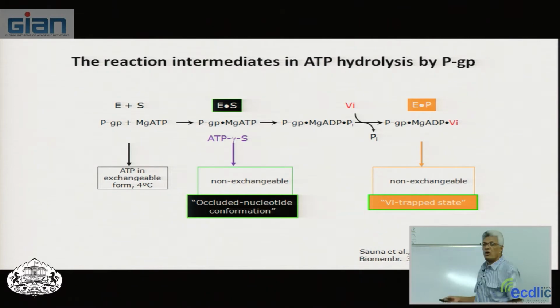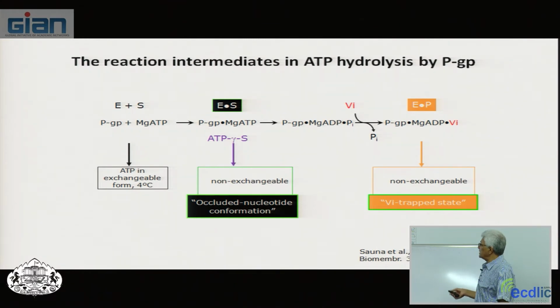You can also use a non-hydrolyzable ATP, which is ATP gamma S. Once it binds, it is very tightly bound, and this is called the non-exchangeable form or occluded nucleotide conformation. This is the step where the substrate changes its affinity. So even before the complete ATP hydrolysis occurs, your substrate is moved from the binding site. And then this shows that the vanadate traps in this step.